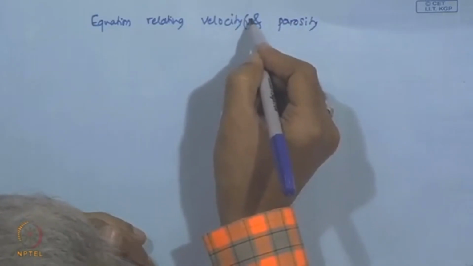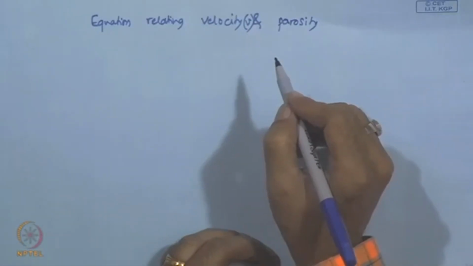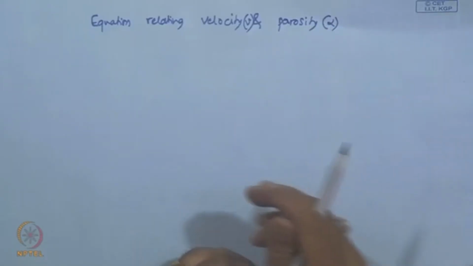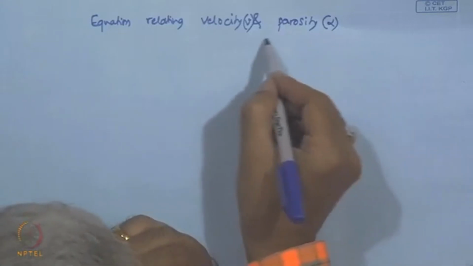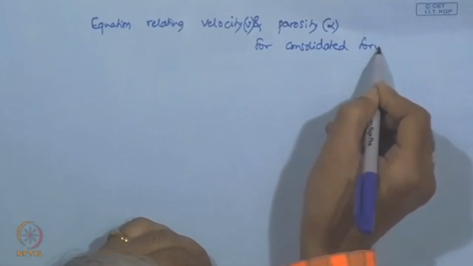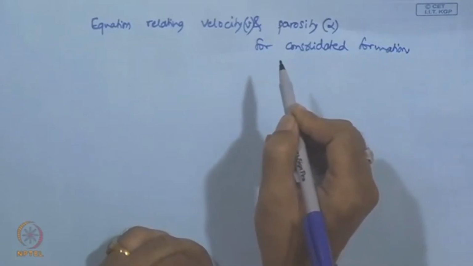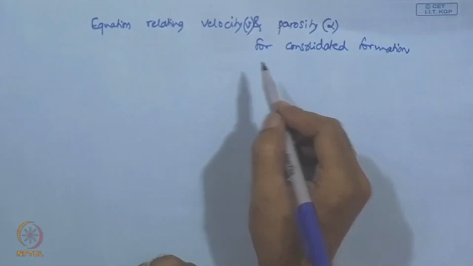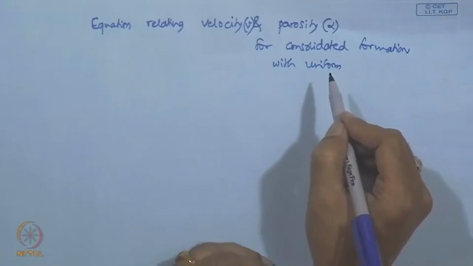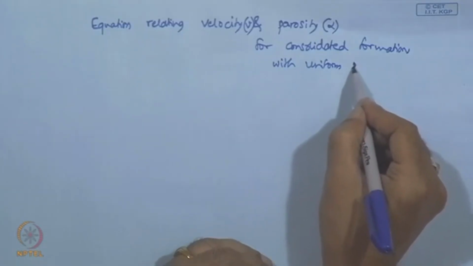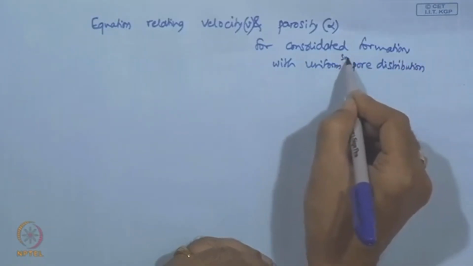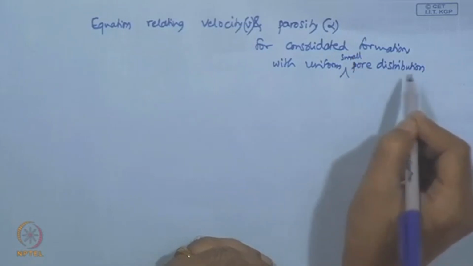The velocity is denoted by the letter V and porosity is denoted by the letter alpha, for consolidated formations with uniform pore distribution, that is, small pores.